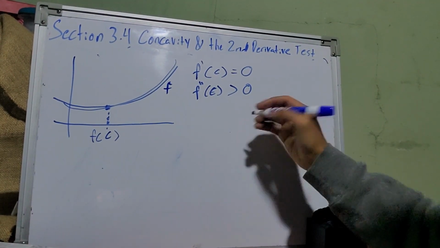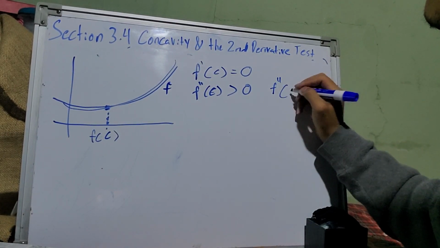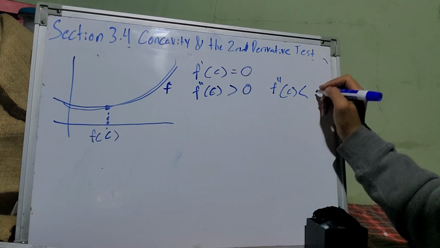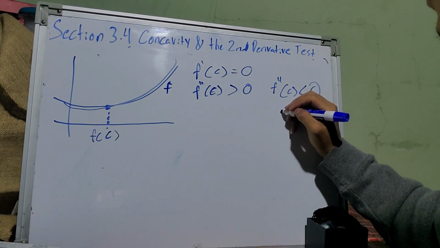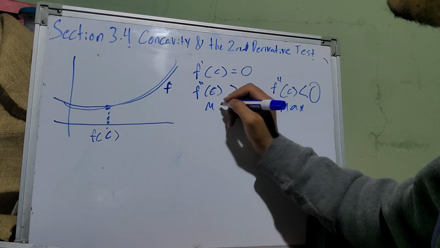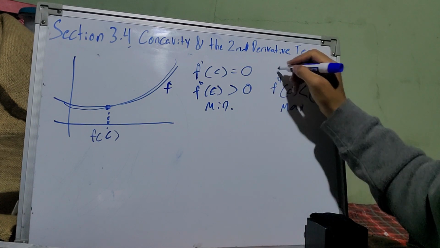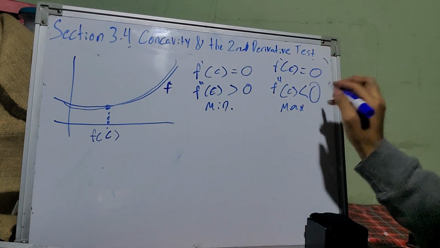We can determine the relative maximum by seeing the second derivative and seeing that it is less than 0. This will determine the relative max. This determines relative min, but they still have to have the first derivative of C equal to 0.